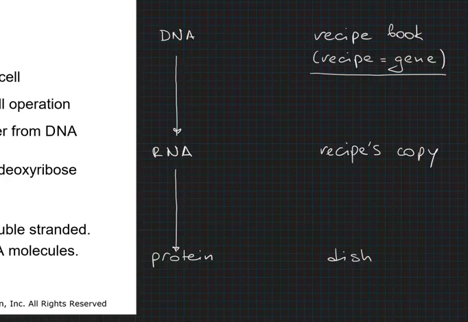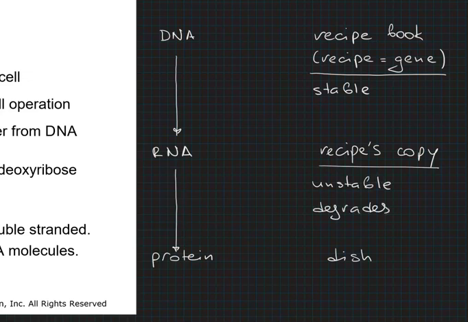The book, it's very stable, right? DNA is stable, okay? The copy, you don't really need this photograph after you finished, right? So RNA is unstable and it degrades fast. And your dish, this is what you're feeding to people.